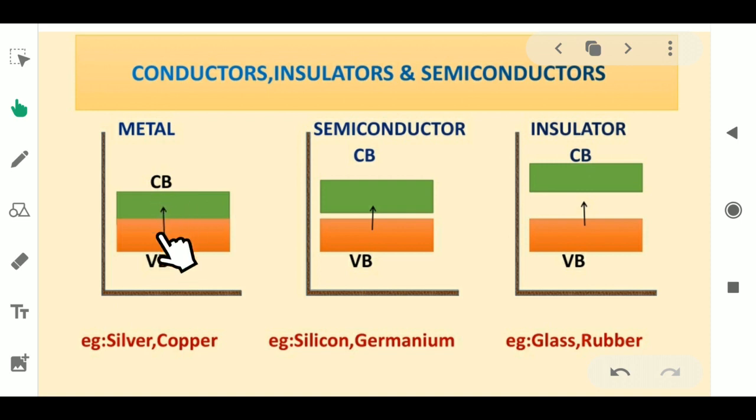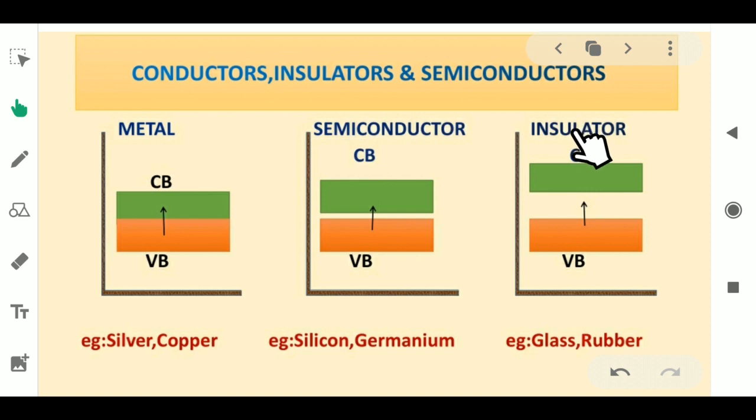And this movement of electrons, meaning negatively charged particles, or this movement of charges, produces electricity. Clear?